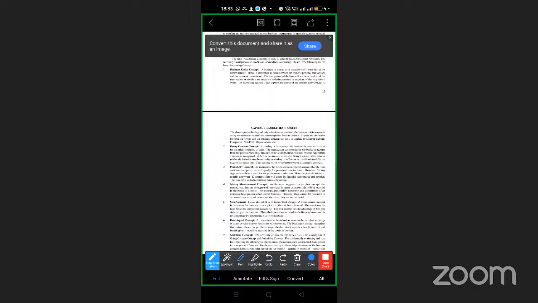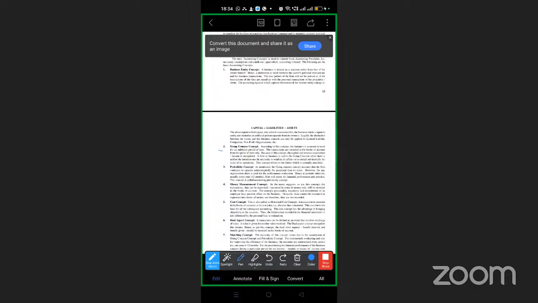Whenever the owner takes anything from the business, in cash or in kind, it is called drawings. It is assumed to be an expenditure of the business.